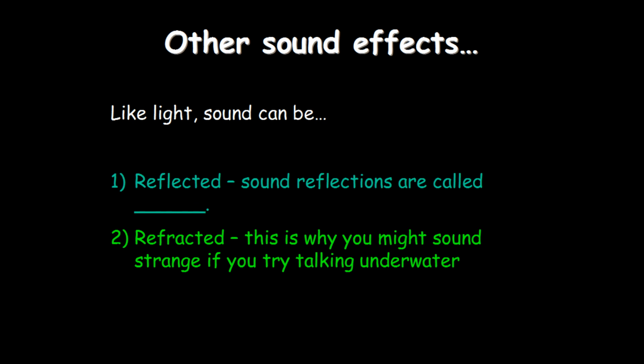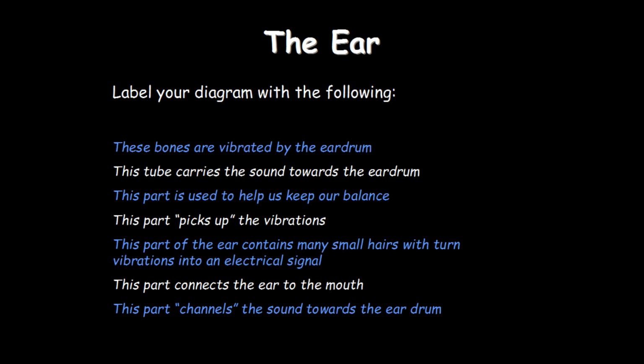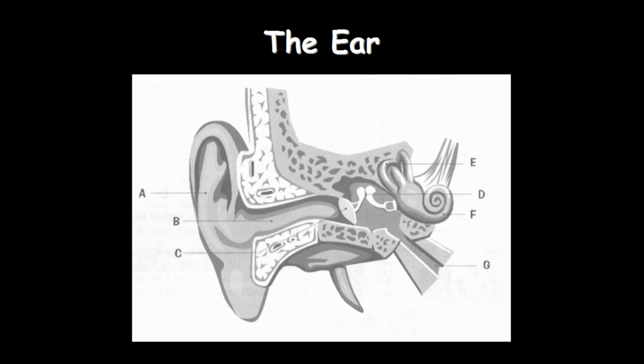Other sound effects: light and sound can both be refracted. Sound reflections are called reverberations or echoes. When sound reflects, it's known as an echo. Sound can also be refracted, which is why it might sound strange if you try talking underwater.